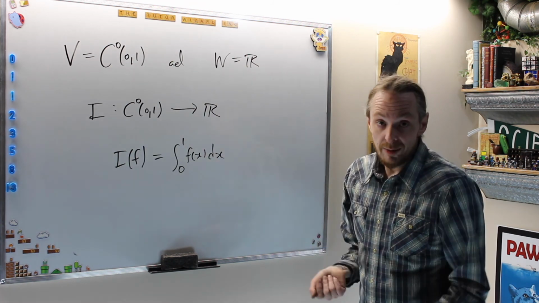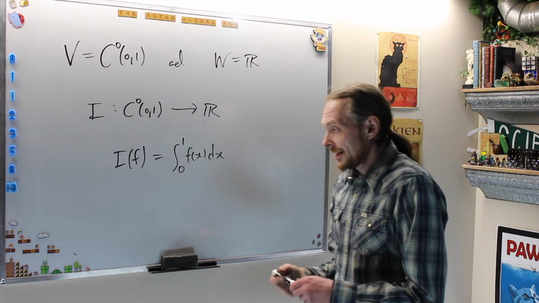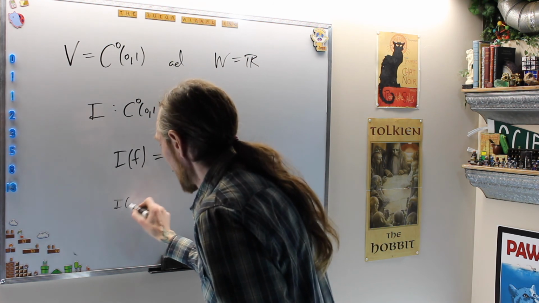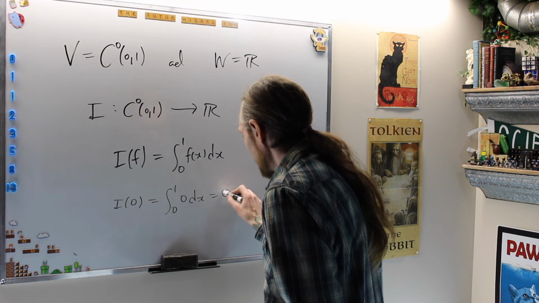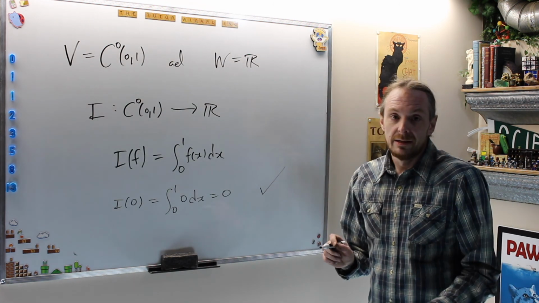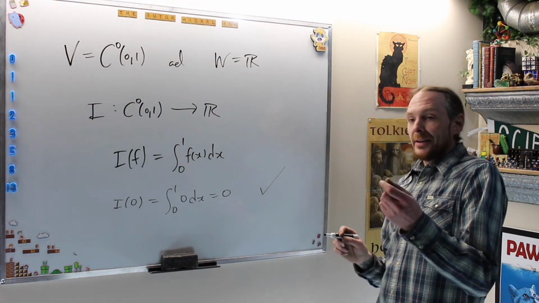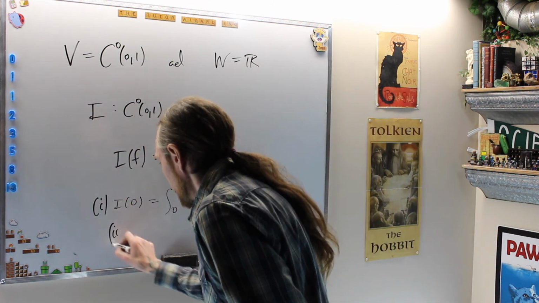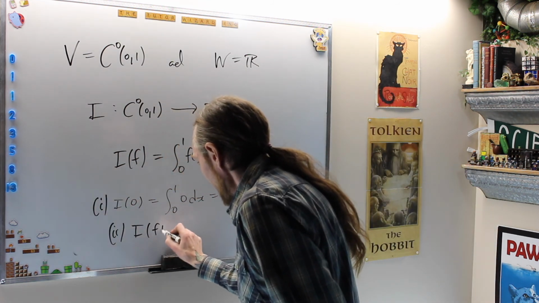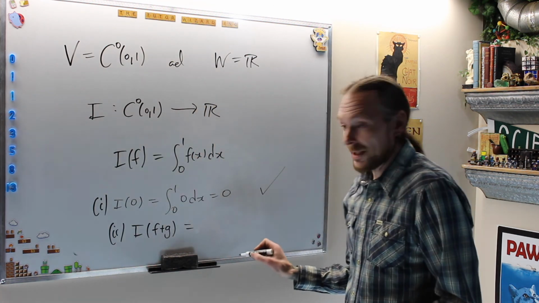It's a linear operator. What do I have to check? I of 0 equals the integral from 0 to 1 of 0 dx, which is 0. Check. What's the area under nothing? Nothing. 2. The integral I of f plus g is going to equal what?